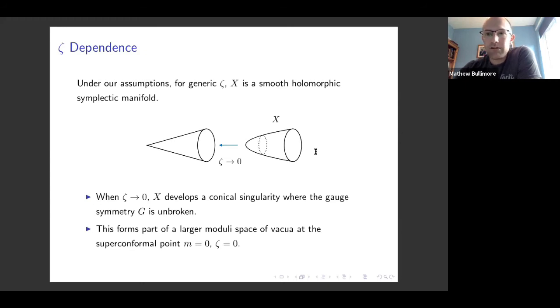It develops a singularity, and if I sit at that singularity, then the gauge symmetry is unbroken there. And at that point, I might have other components of the moduli space coming off. And this thing forms some piece of a much larger moduli space at that point. Okay, so this is just a cartoon.